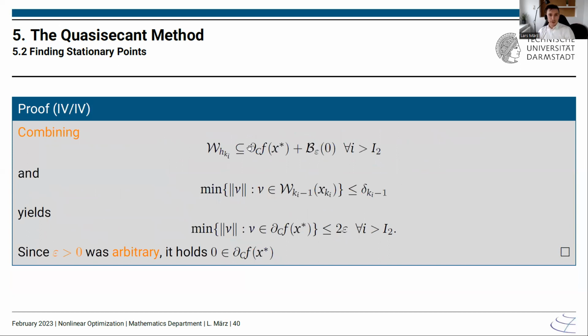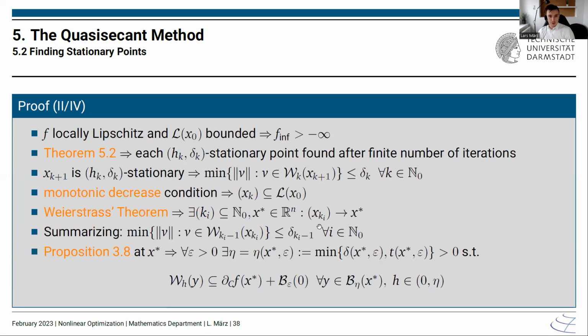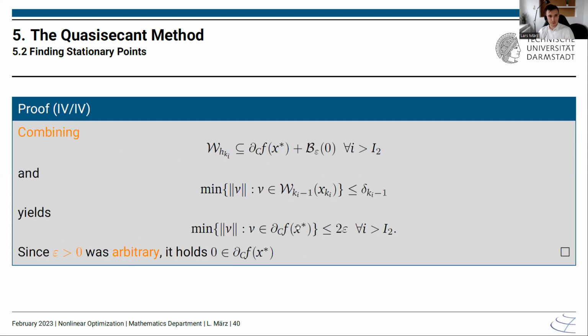Now we combine this inequality with the inequality from before, namely this one applied to the subsequence. Summarizing, this one plus this one, and we get the result we are looking for, because delta_{k_i - 1} is bounded above by epsilon, and here we are also bounded above by epsilon.